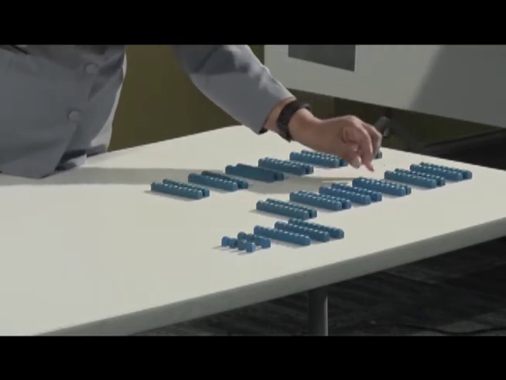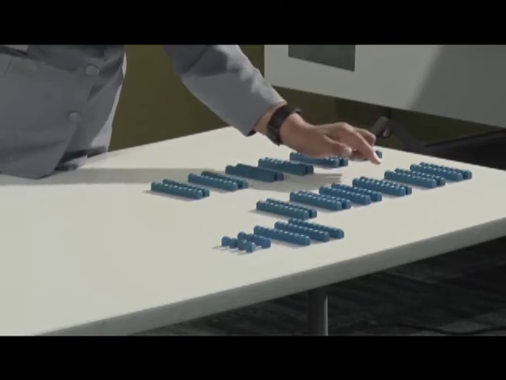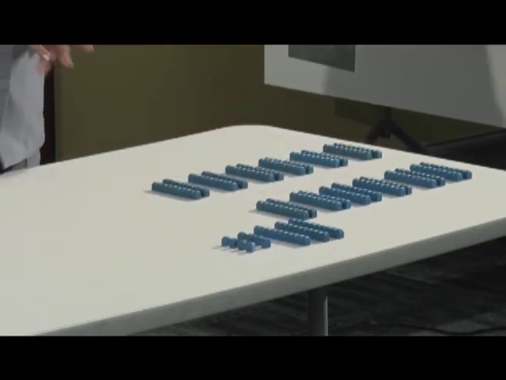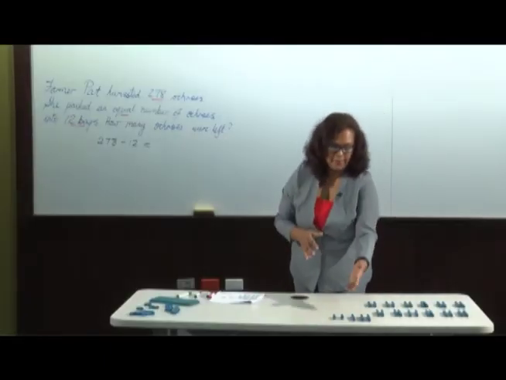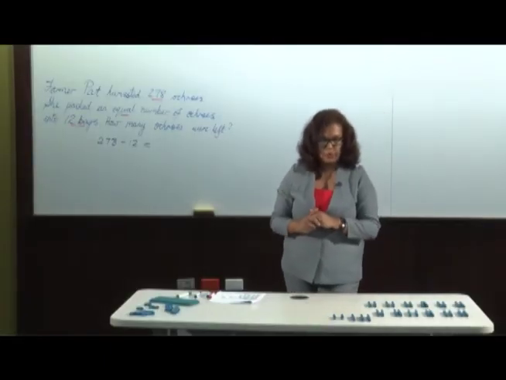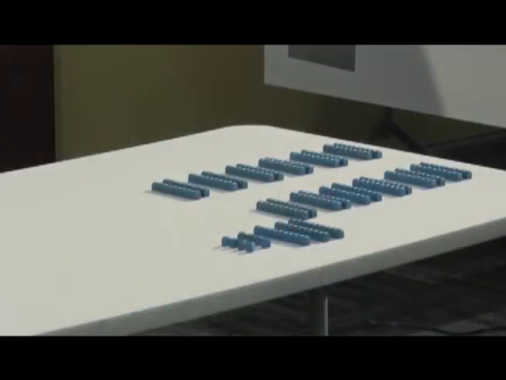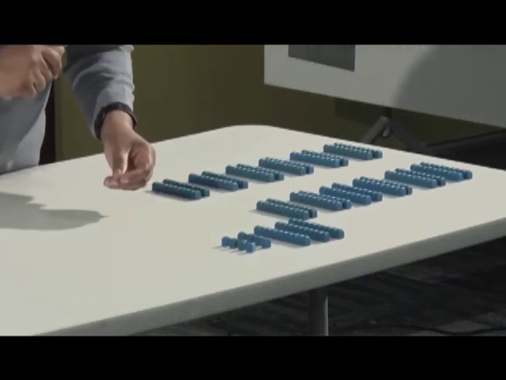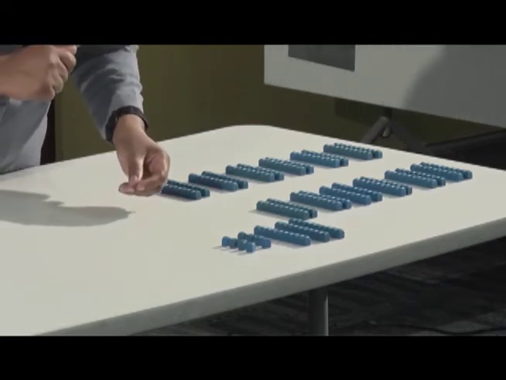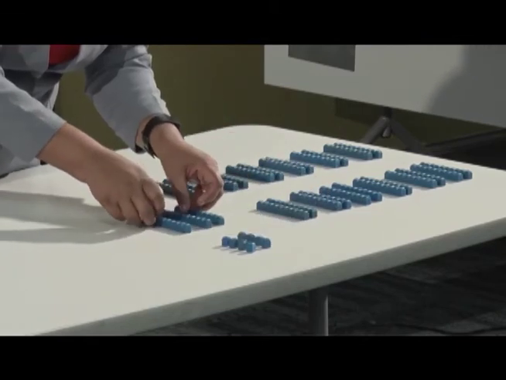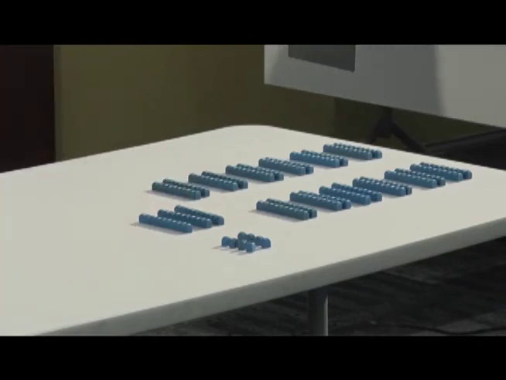So I have here 12 sets of 20. Right. My remaining base 10 materials, now I would need to trade so that I could divide that into 12 parts. So what I'm going to do, first of all, is to replace these 3 rods, which are 30, with 30 ones.